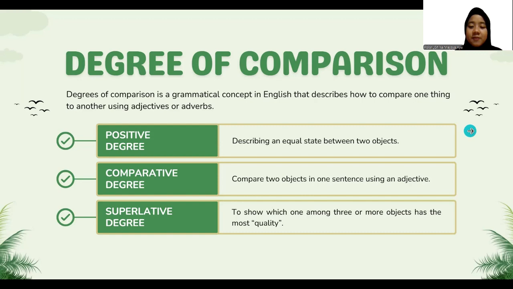So, one might be higher and one might be lower, like that. Now, the superlative, to show which one among the three or more objects has the most quality. So the highest, the biggest, the most powerful, the most quality they have among all of the options there.